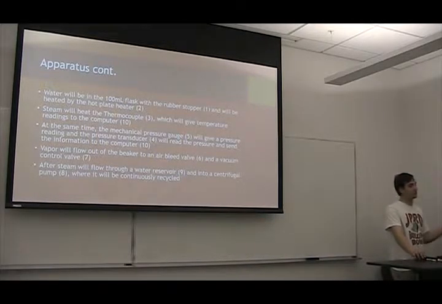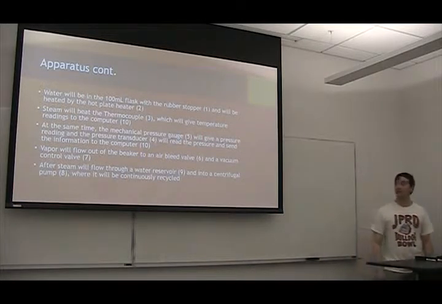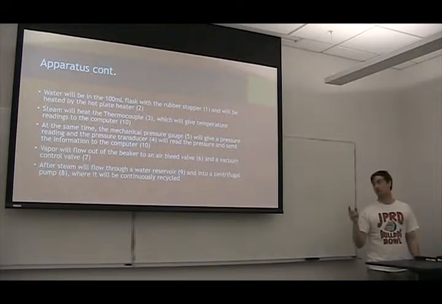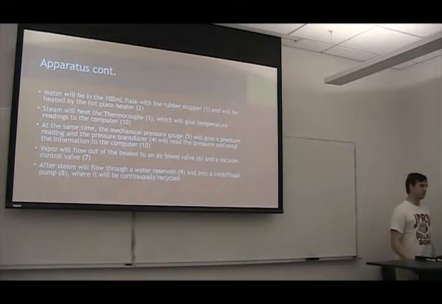And the vapor is going to flow out of the beaker past the 2 valves, the air bleed valve and the vacuum control valve, and then into a water reservoir, and then a centrifugal pump where it's going to be continuously recycled.